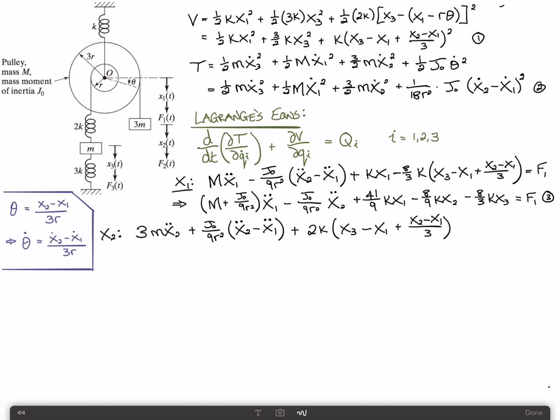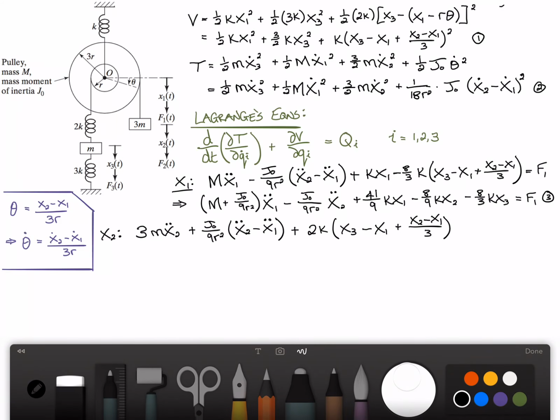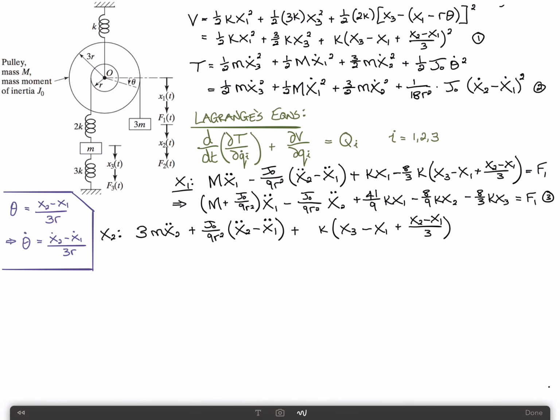What's in the brackets is just a third. So in fact, I'm just going to write this as 2/3. Okay, and that is equal to the generalized force on that coordinate, which is F2 in this case.